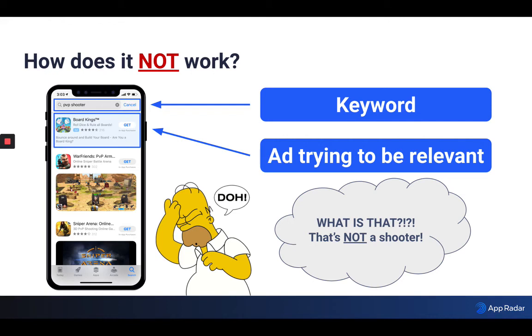So you're basically wasting your money on those keywords. The main takeaway I would say is don't use the automatic bidding setting of Apple Search Ads. You're just going to burn your money instantly.